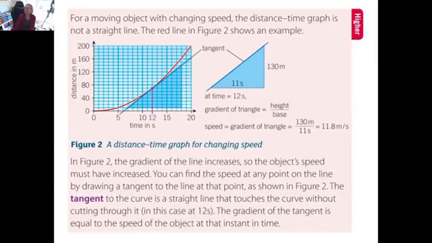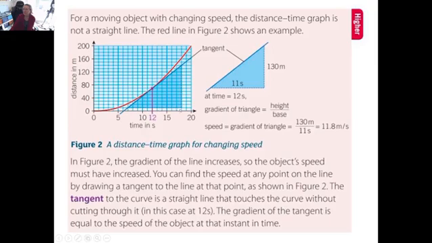Okay, so this is the same diagram here. Now you should find that you've got an answer of 11.8 meters per second. And how did we do that? Well, we need that height, which is going to be, I think, 140 minus 10. That gives us 130 meters, this distance here.